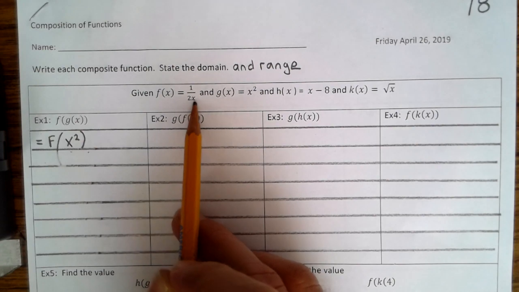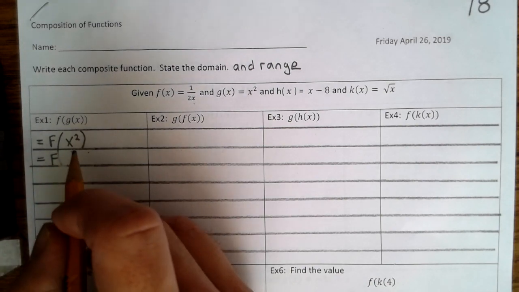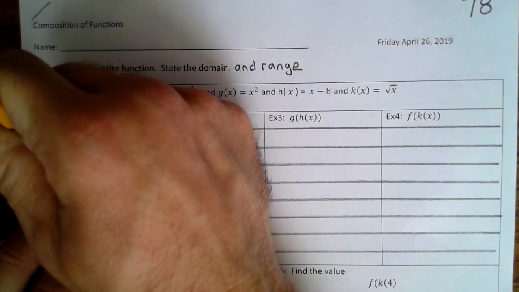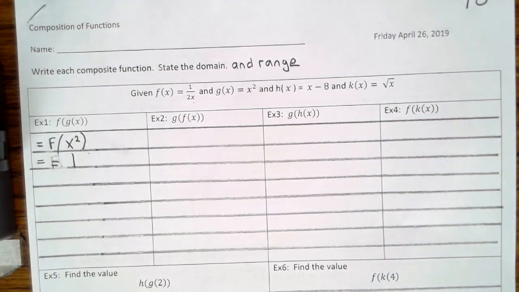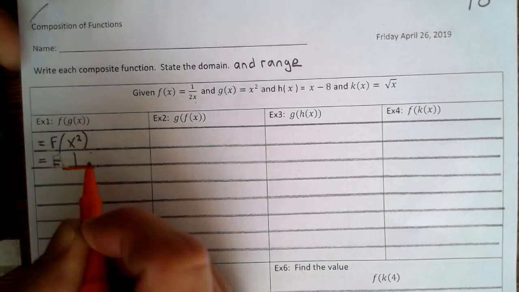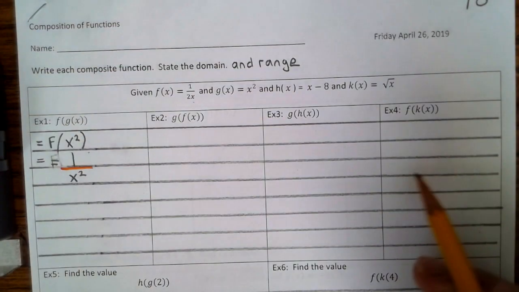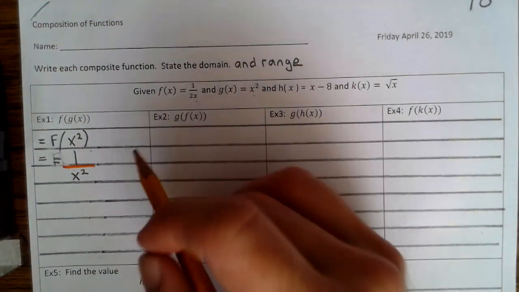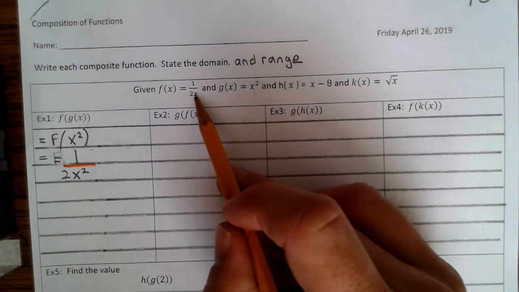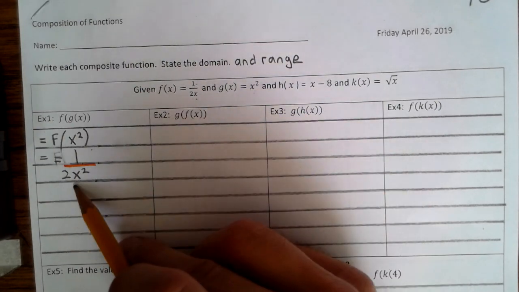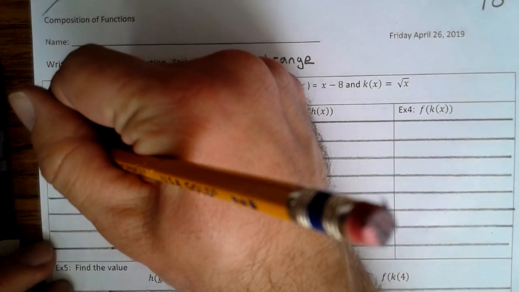That equals, I should say, 1 divided by 2 times x squared. We put x squared in for x here, so that's 1 divided by 2 times x squared. Okay. Now, that in essence is done.